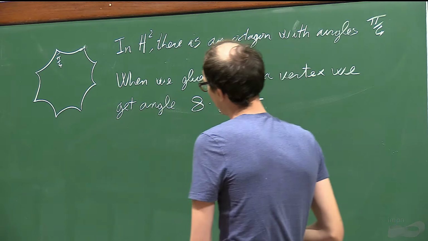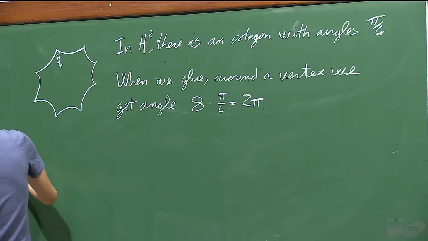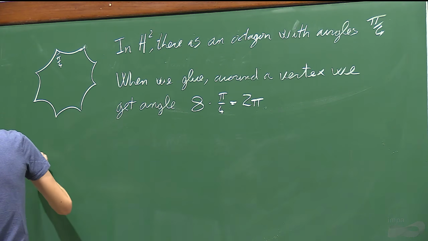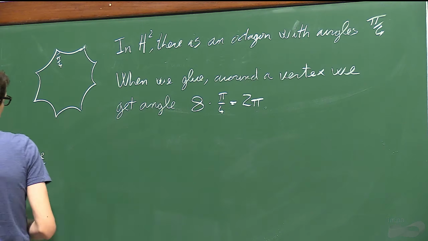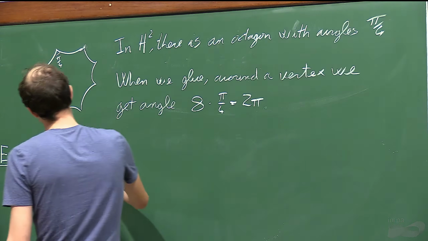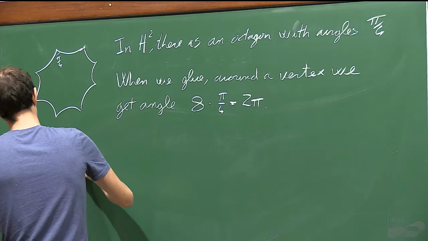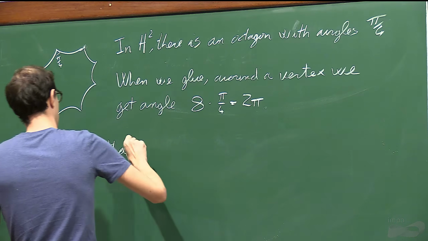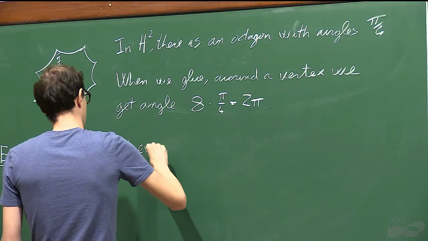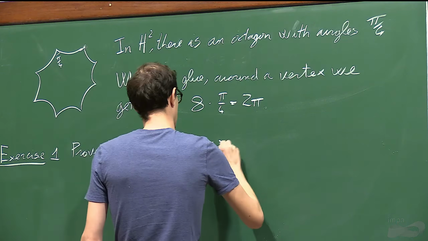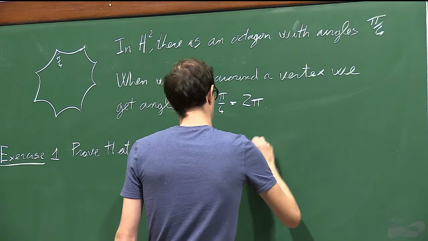Okay, so let's find some exercises. So exercise 1, prove that every S_g with g at least 2 has a hyperbolic metric.